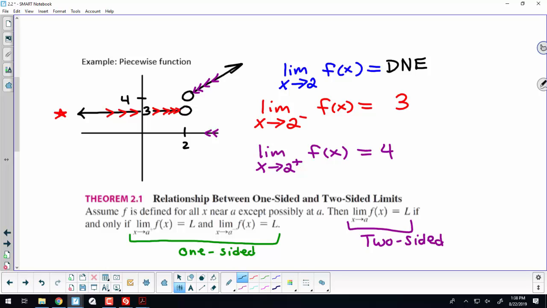Kind of ran out of space, but this doesn't exist since the limit as x approaches 2 from the left does not equal the limit as x approaches 2 from the right. Is that how you want us to answer the question?